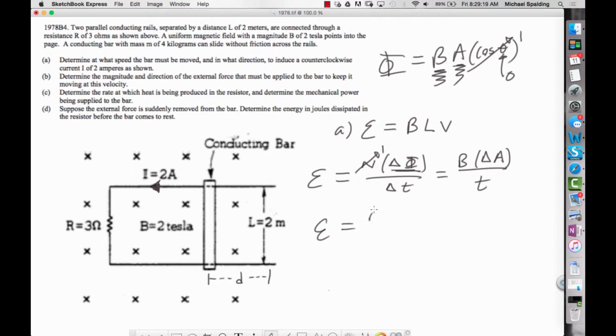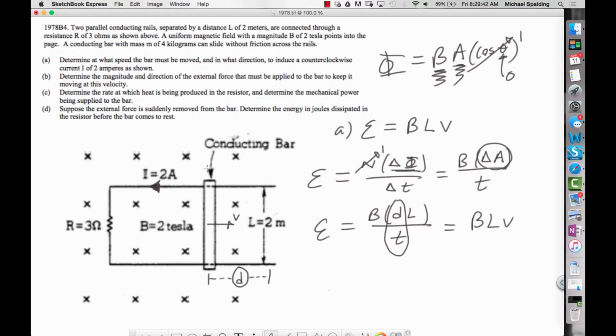So we're going to say B times d times L over T. But wait a minute. What's d over T? D over T is what? V, which is where we get this BLV equation, where V would be the velocity of the bar, how fast the bar moves.